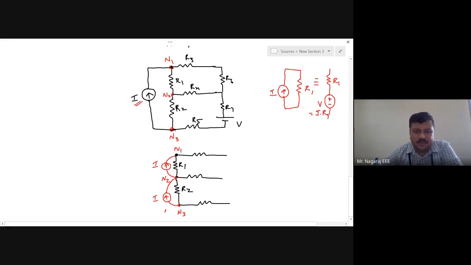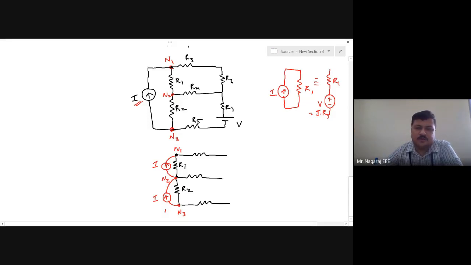Current is leaving the node N3. See, this current I is leaving the node N3 and entering the node N1. Then because I have to keep this current across R1 and R2, I have to connect it to node N2. But what is happening? Current I is leaving the node N3, coming to N2, and immediately it is leaving from N2 and going to N1.